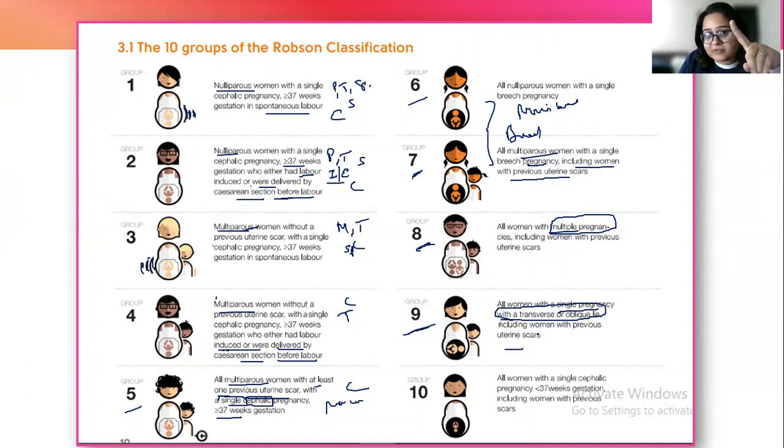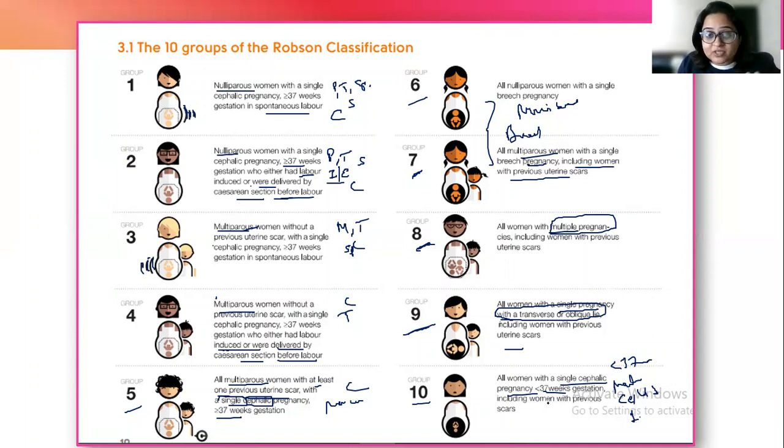And group number 10 is all preterms with a cephalic presentation with a single fetus. So all preterms less than 37 weeks, say a 34 weeks patient who was induced for severe preeclampsia, fall into this group.